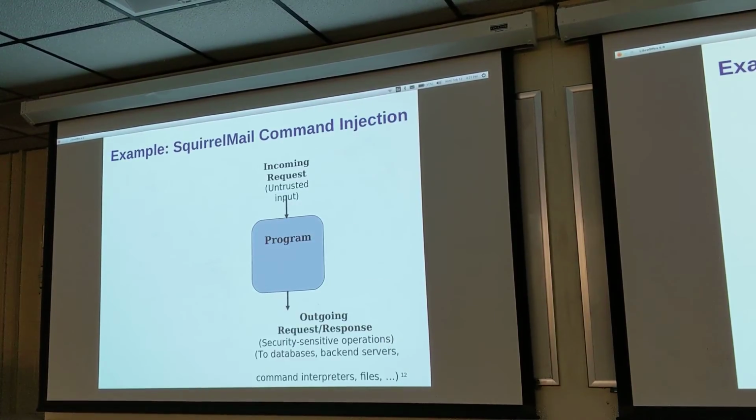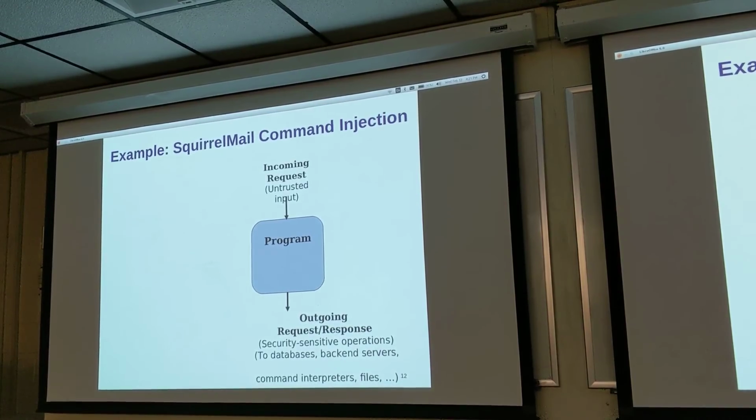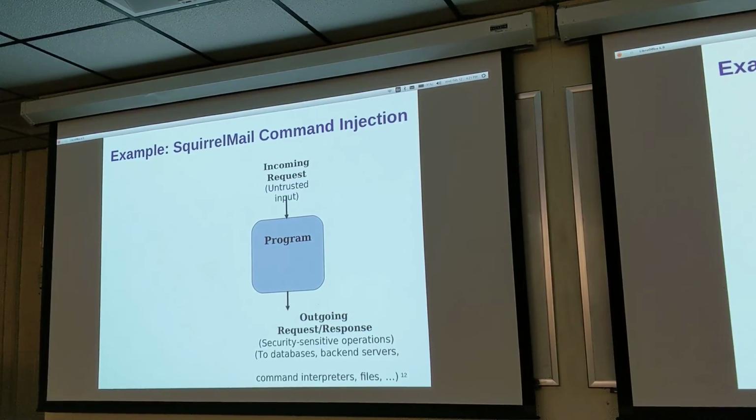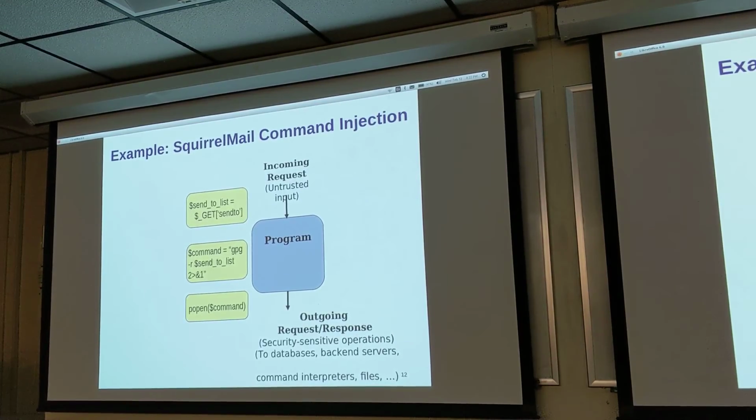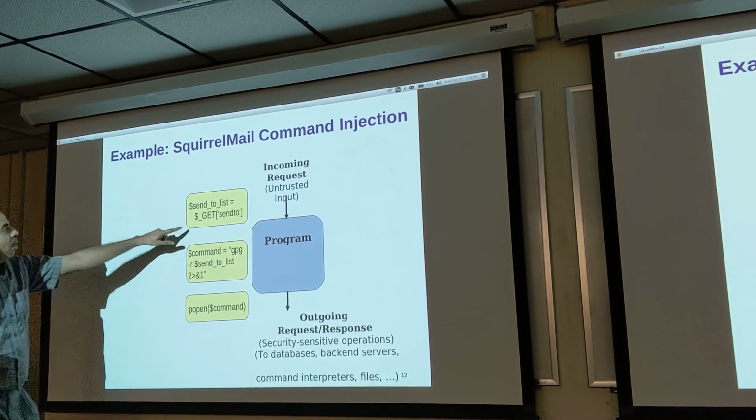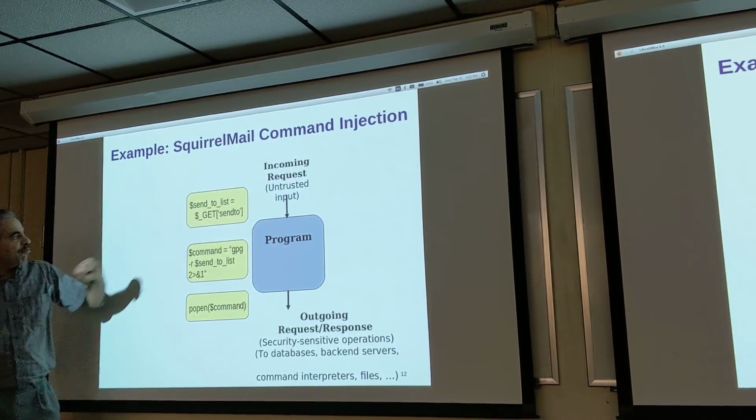With this general view, we can try to understand exactly what's going on in the case of the command injection attack that we have already looked at. This is the same PHP program. This is how you get a form field.